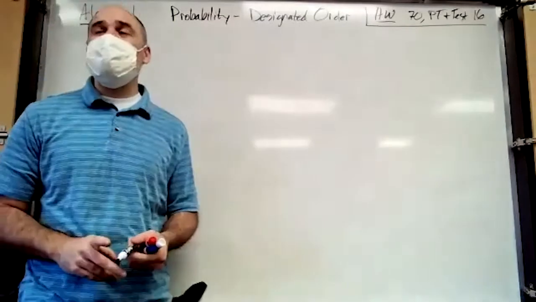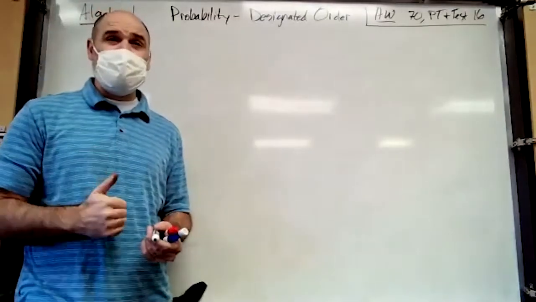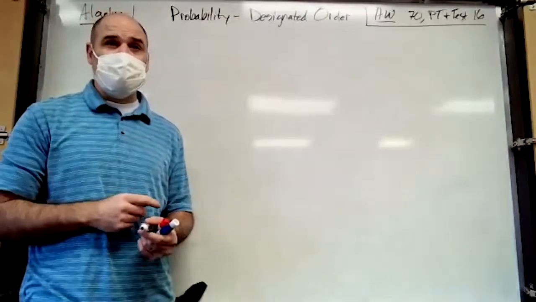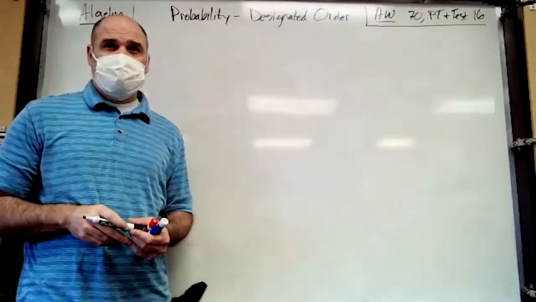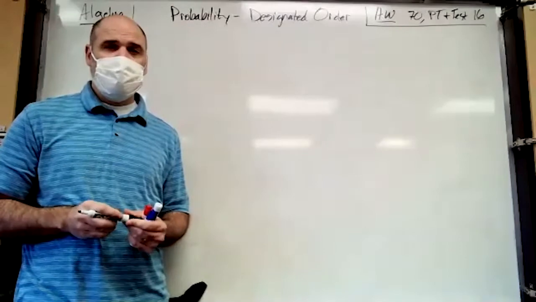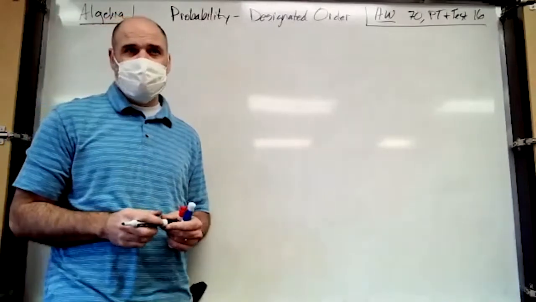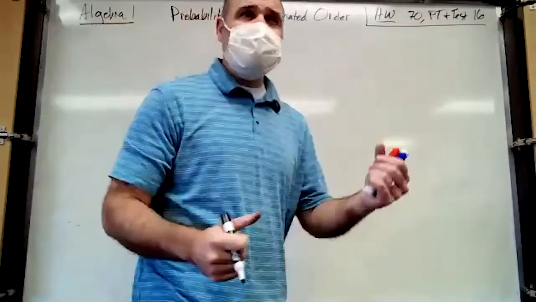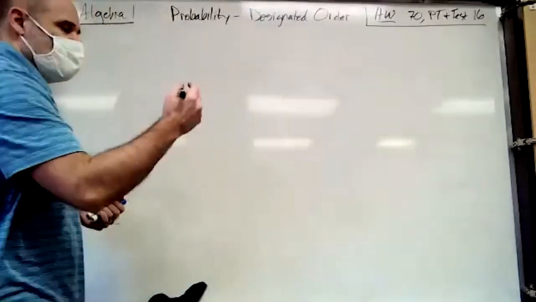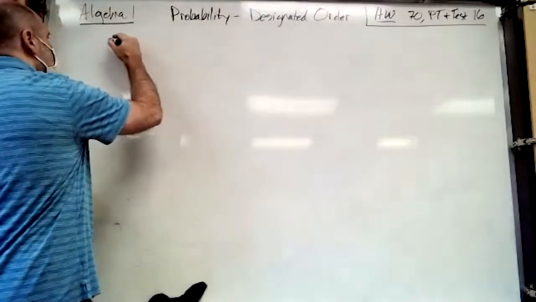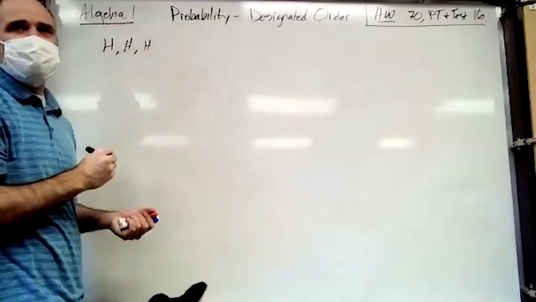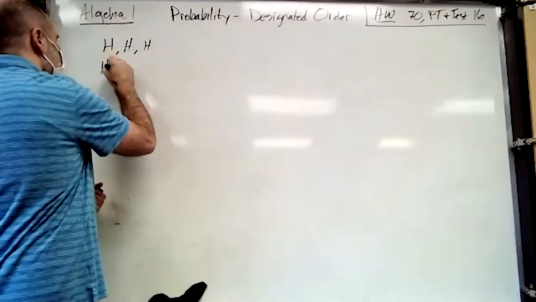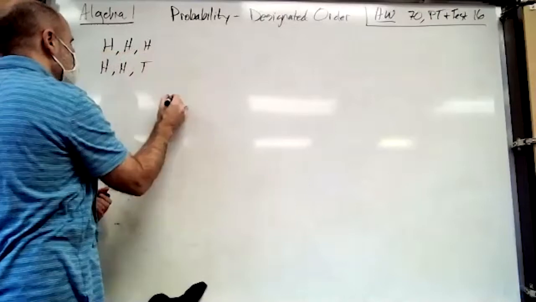But what if you wanted to get a heads 3 times in a row? Well, how many different possibilities do you have of flipping a coin 3 times? Anybody know? Well, let's list them out, unless you guys can figure it out. You're either going to get a heads, heads, heads. You're going to get a heads, heads, tails.